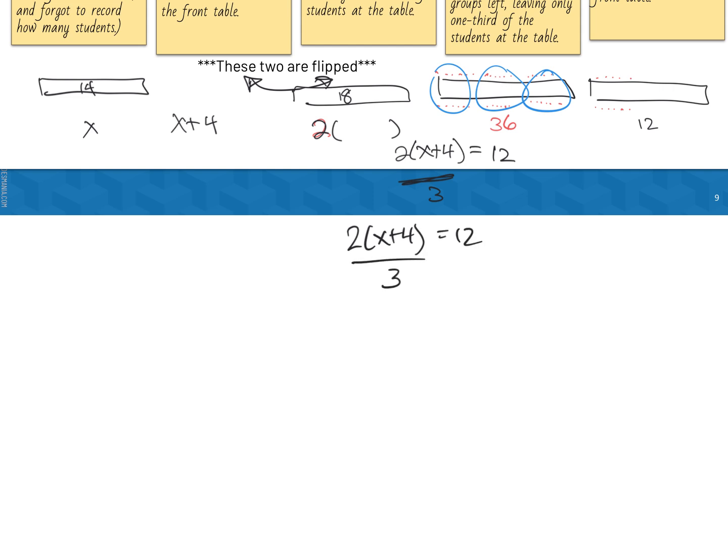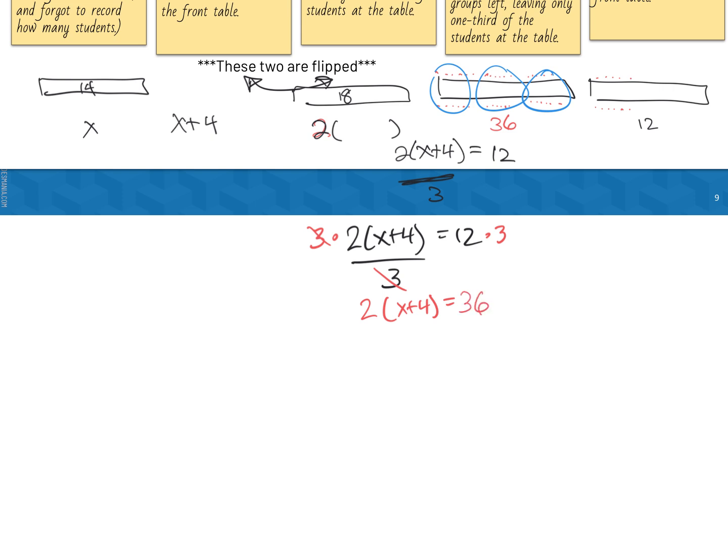Let's get rid of that 3. It's dividing, so we're going to do opposites. We're going to multiply by 3. Then 3 divided by 3 leaves that 2, and then we have 12 times 3. That's 36. Now we want to get rid of the 2.